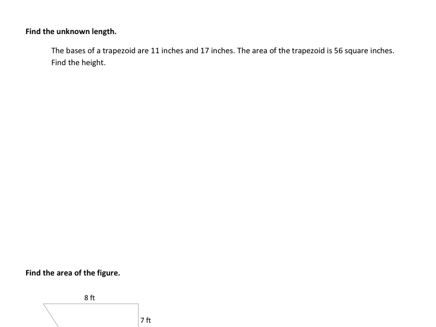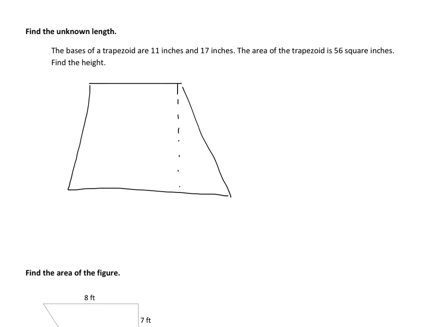Okay, now this time I'm talking about a trapezoid. If we draw a picture here, I've got my two parallel sides. This time, I know that the bases are 11 inches and 17 inches, and I'm looking for the height. I don't know what the height is, but I do know that the area is 56 inches squared.